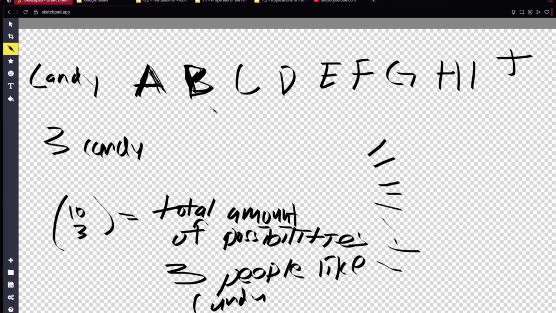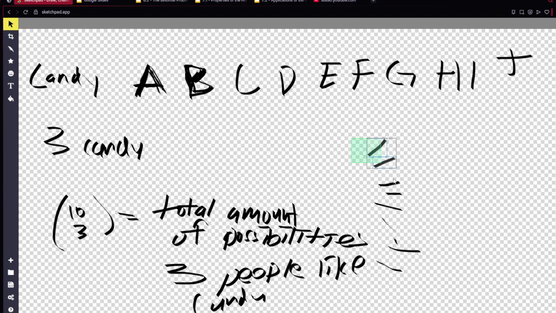But you might ask, what if 4 people like candy? Well, our binomial probability distribution is going to be 3 people who like candy or nothing at all. So simply put, it's going to be the probability that 3 people like candy as our binomial random variable, and the other one is just going to be however many other people like candy, regardless of if it's 4 people, 5 people, or 6 people that like candy.